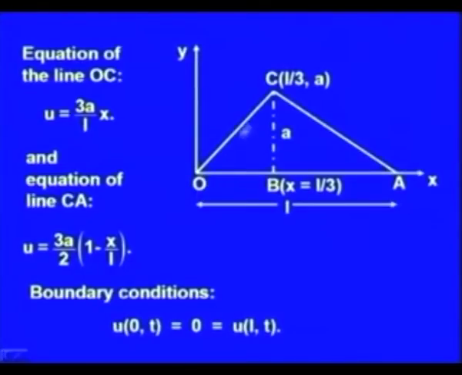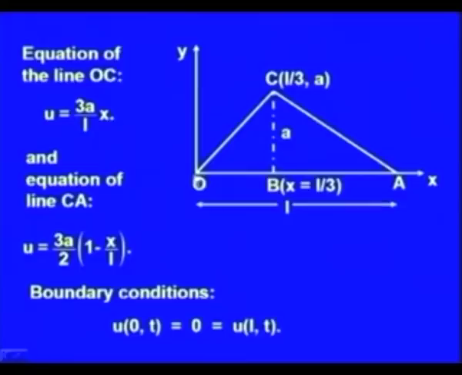So, this is the shape of the triangle. At x equal to L by 3, we have assumed that the string is plucked and it assumes a height A. So, now let us find the equation of the line segment OC. Equation of the line segment OC will be u equal to 3 A over L into x.